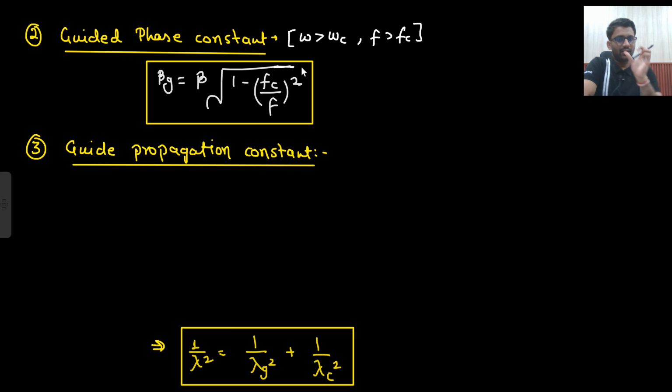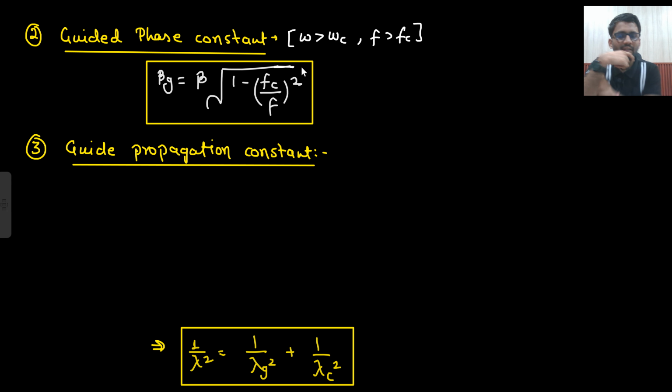Now I will tell you one statement, and you need to tell me whether it is true or false. What I am saying is that for a circular waveguide, the expression of guided phase constant is the same for both TE and TM mode.